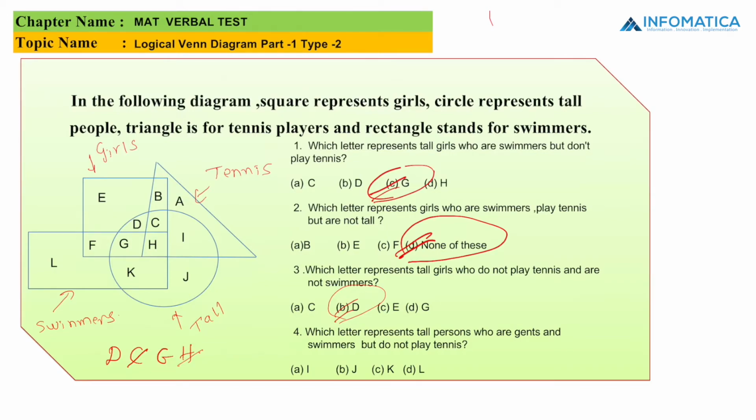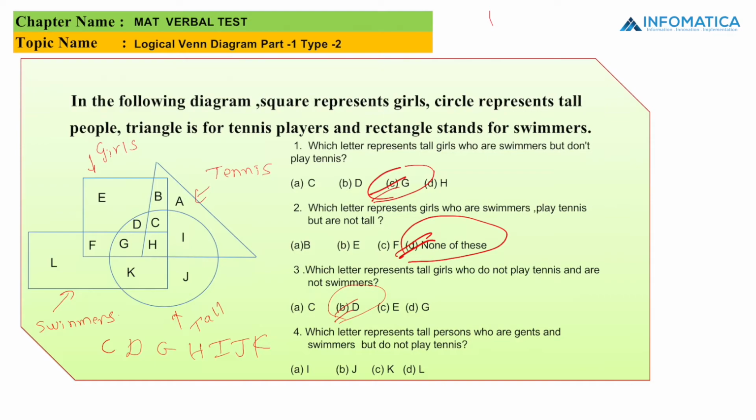Now the next one, it says which letter represents tall persons who are gents and are swimmers but do not play tennis. So let us find out the answer to this question. So now the first part, tall persons who are gents, they are nothing but... now the next one says the tall persons who are gents and swimmers.